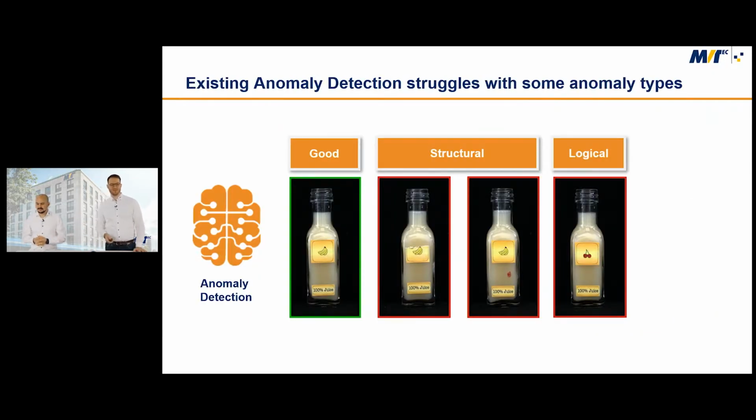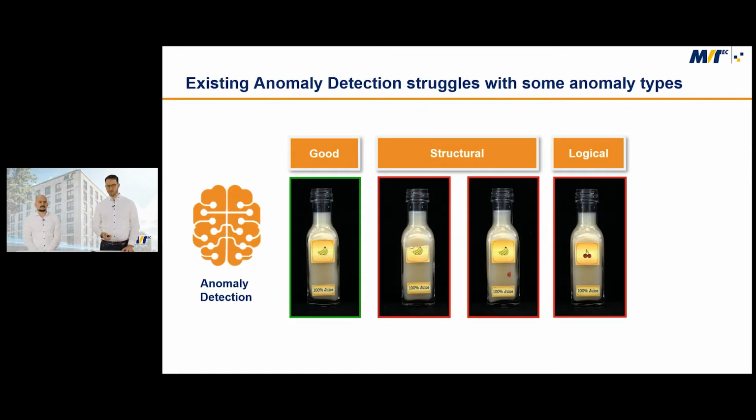Thank you, Mario. Yeah, so we want to have a look at this with real images, because these are actually the images that we use in our new standard example to show you the Global Context Anomaly Detection. So we have here bottles with banana juice, which is kind of white juice, and we have bottles with cherry juice, which should have red juice in it.